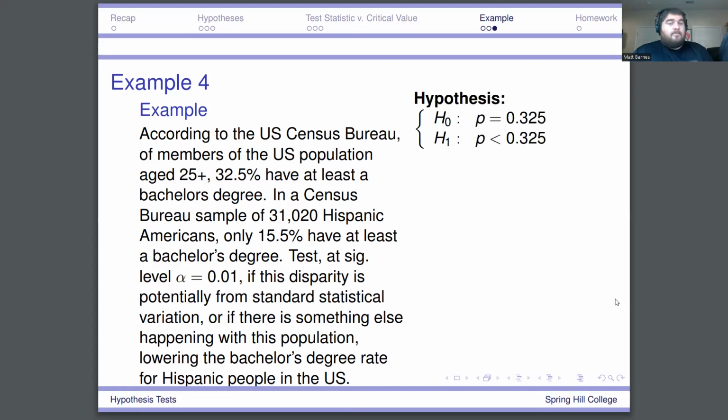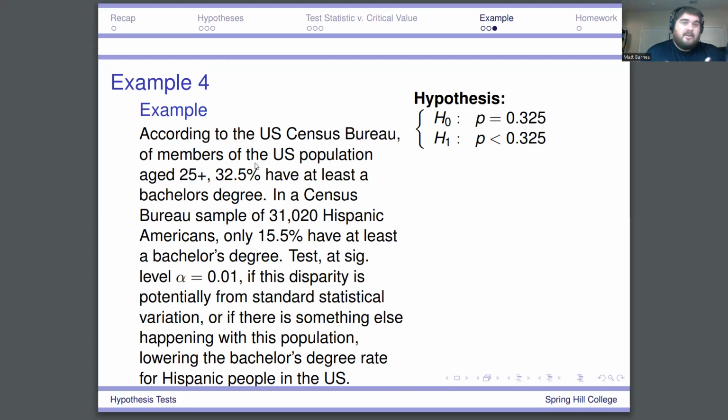Okay, so let's pull the info we need from here, right? We have 32.5% of Americans age 25 and older have a bachelor's degree. So if that works for all Americans, we would assume, everything else being equal, that it would hold for every subset of Americans. As long as it's an adult 25 or over, we would assume that 32.5% of males have a bachelor's degree, 32.5% of females, 32.5% of African Americans, 32.5% of Hispanics, right?